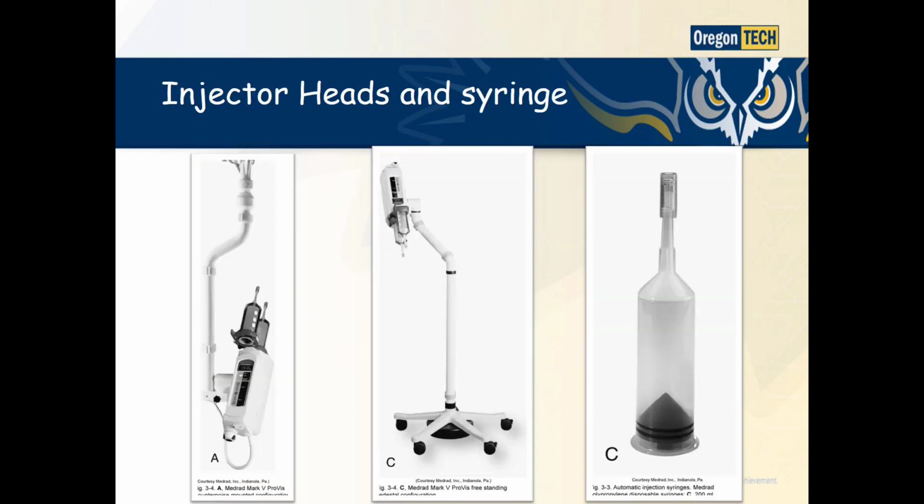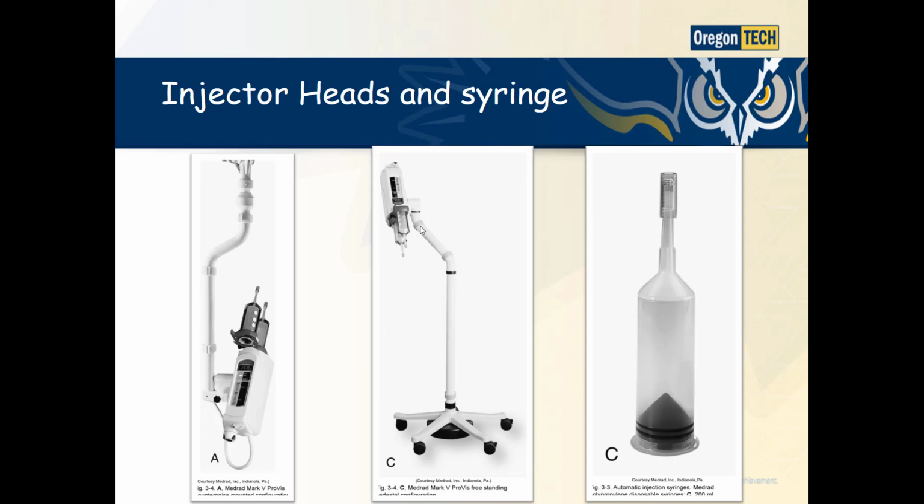And here's some pictures. Picture A, that's a ceiling mounted pressure injector. And it's the same head as what you see in the next image over. See, this is the injector head. Here's the injector head here. This is what you'd see a lot of times in a cardiac catheterization lab.